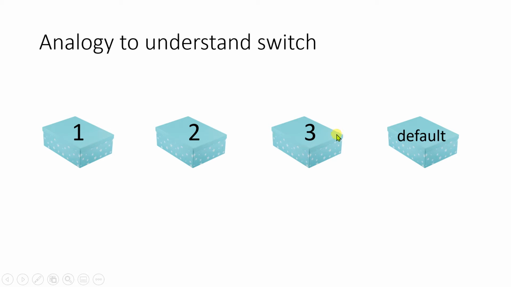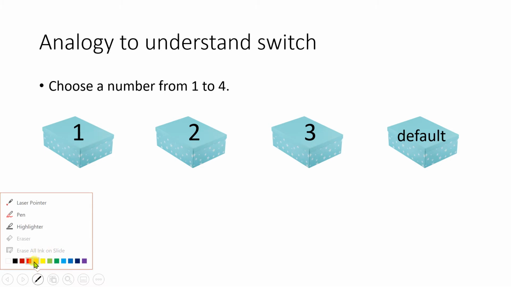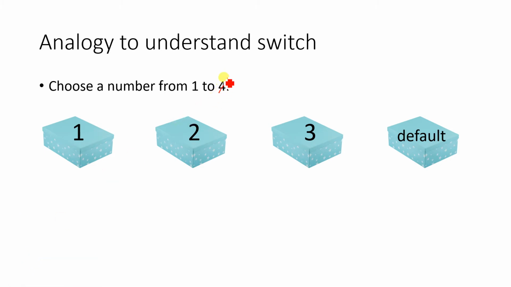You will be asked to choose a number between 1 to 3, obviously it should be 1 to 3. If you choose a number, then whatever is present inside that box will be yours, and you are going to take the elements present in that box.